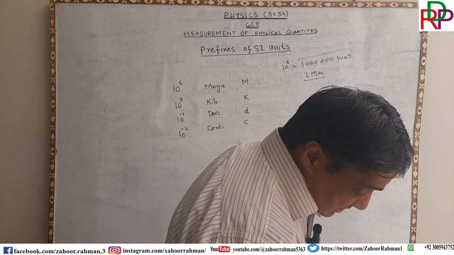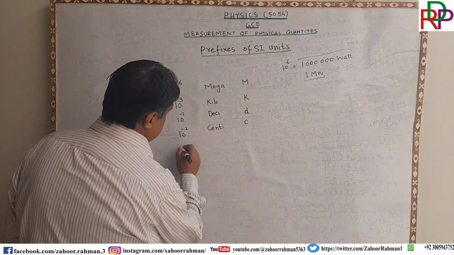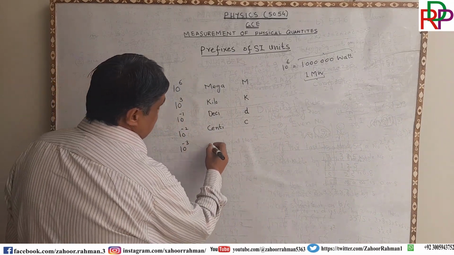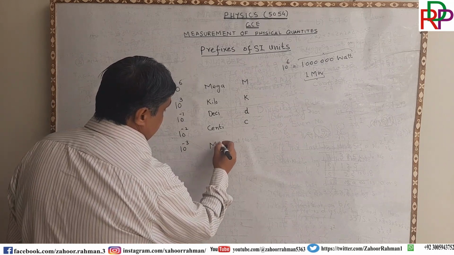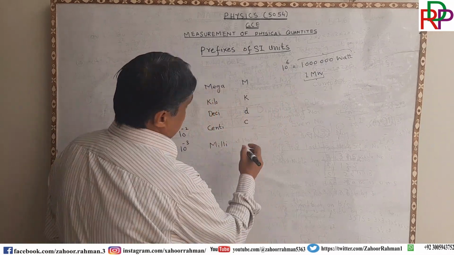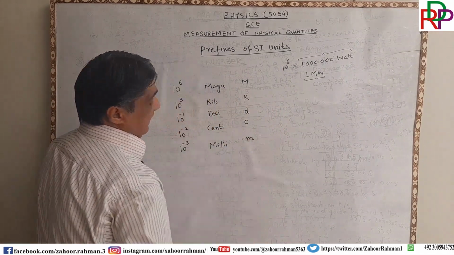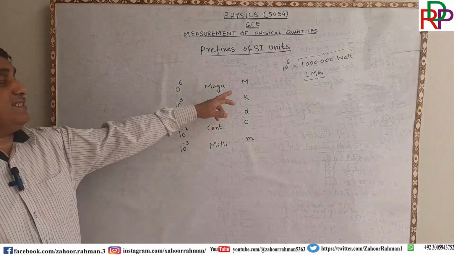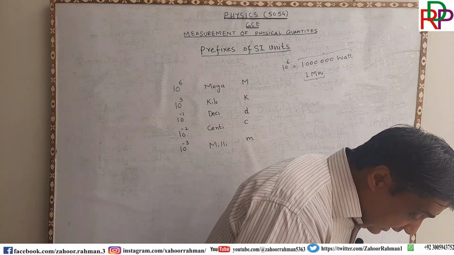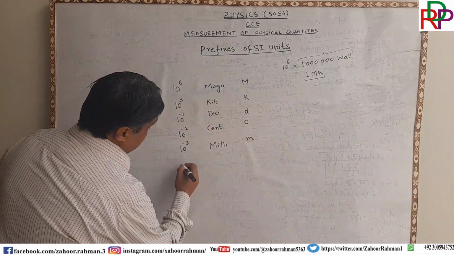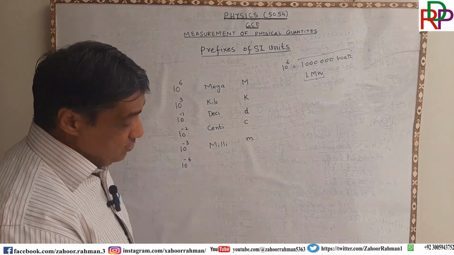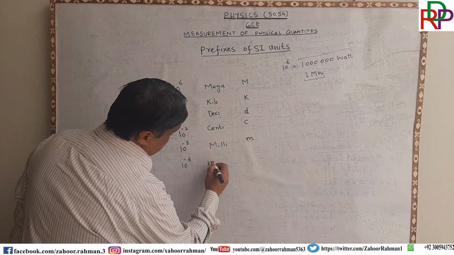So next is 10 raised to the power minus 3, and this is milli. Just like we say millimeter, and it is denoted by small m, not capital M, because that is reserved for mega. Similarly, we have 10 raised to the power minus 6, and that is known as micro.